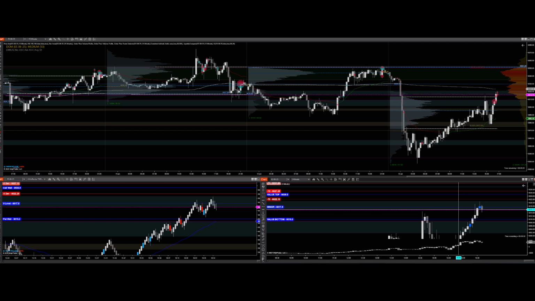Yeah, I think weekly VWAP is actually the most important one. Because a lot of the high time frame traders use it. I don't know if you know exactly what VWAP does.